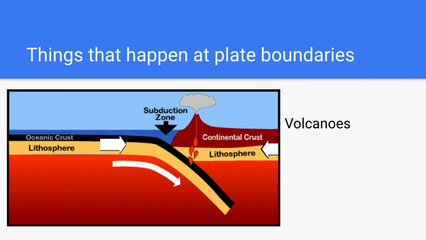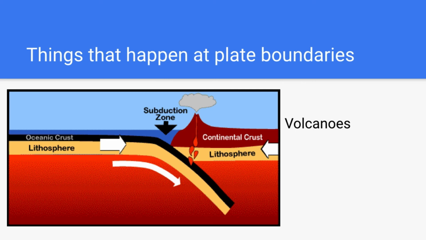So what's happening on this slide? Why don't you explain it to me? Well, there's a volcano, and like I said, the ocean crust is older than the continent crust.